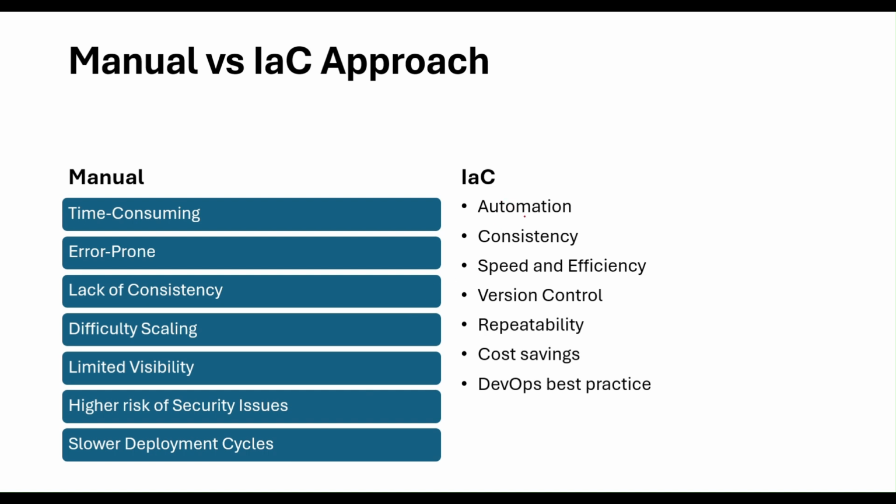IaC comes through as a solution by automating how we provision the servers, by providing consistency through things like version control, and you are able to provision speedily and efficiently, and there is repeatability because you only write once and you can deploy the same code across different environments many times. There is cost savings to this as well because time is saved, and it's a good DevOps practice in general.